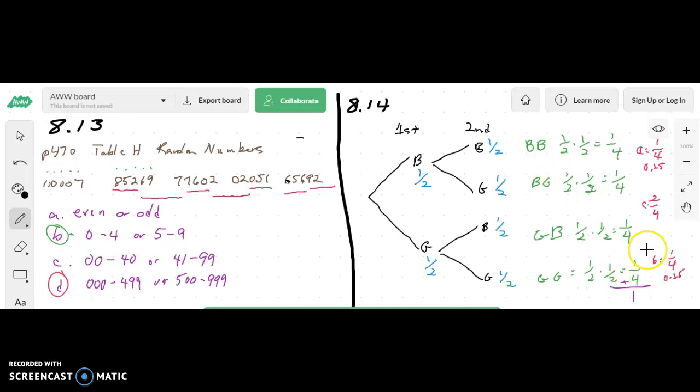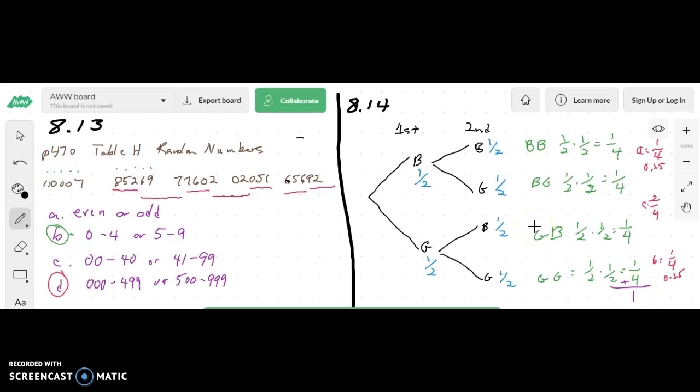And if I know that the probability of having either all boys or all girls is 1/2, then the probability of not having all of the same sex, which means you have a mix, boy, girl, and girl, boy, has to be the remaining part. So I can take the 1/2 from the answer in part C and subtract it from 1 to get the probability of 1/2 that there is a boy and a girl in the family. So hopefully that helps with this.